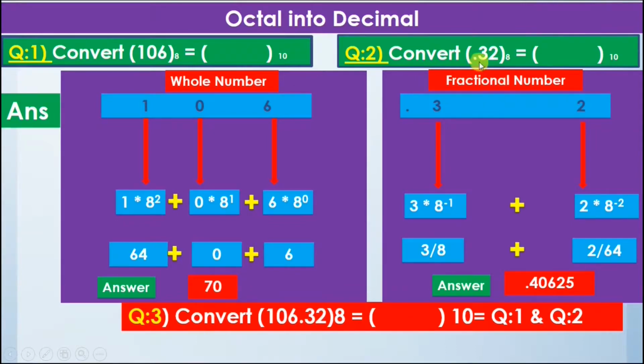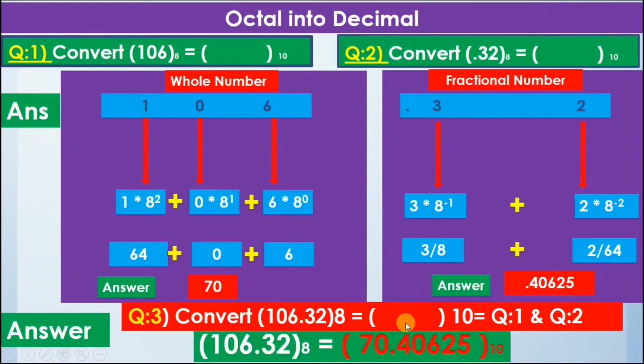So the answer of 0.32 in octal is equal to 0.40625. We will combine both answers and we can write that the number 106.32 in octal is equal to 70.40625 in decimal. Question number 3 is for the situation in which we have a number that has a whole part as well as a fractional part.